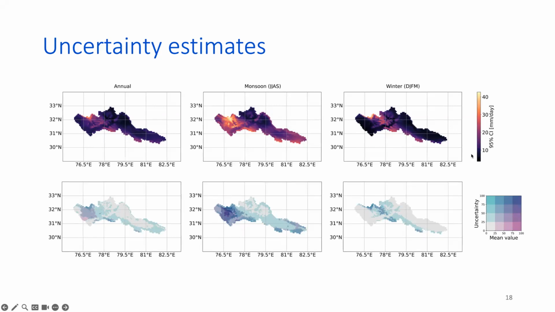I think it's quite interesting to see that here, the highest uncertainties are not necessarily corresponding with the areas where we had no high fidelity measurements, but are mostly centered around the middle of the Sutlej Basin, kind of between the foothills of the Himalayas and the very high altitude areas.